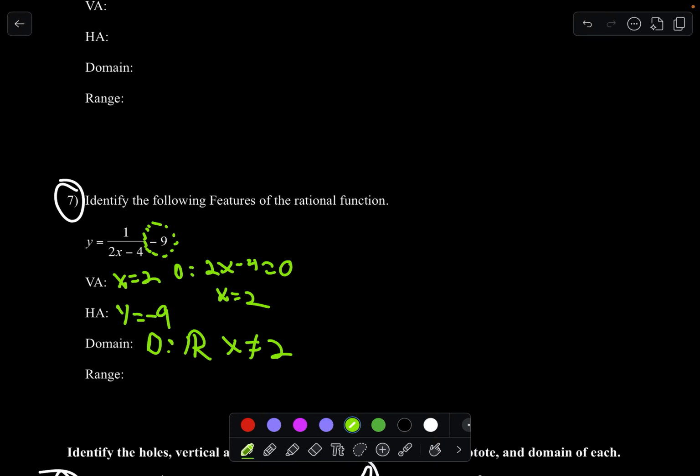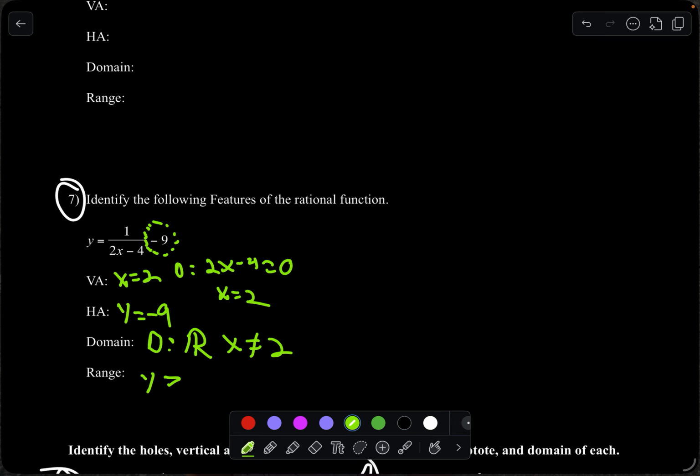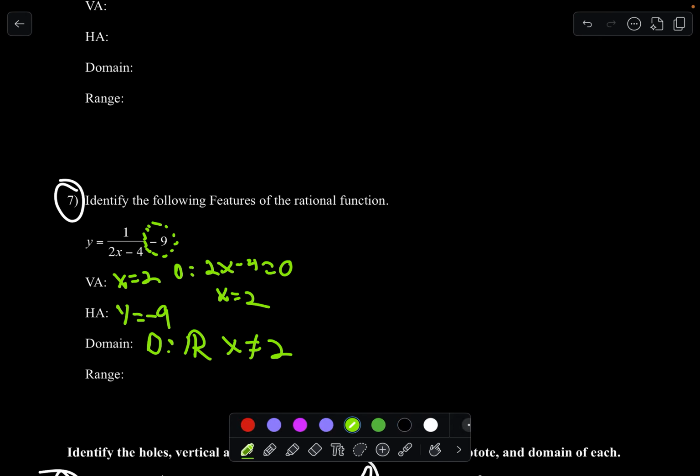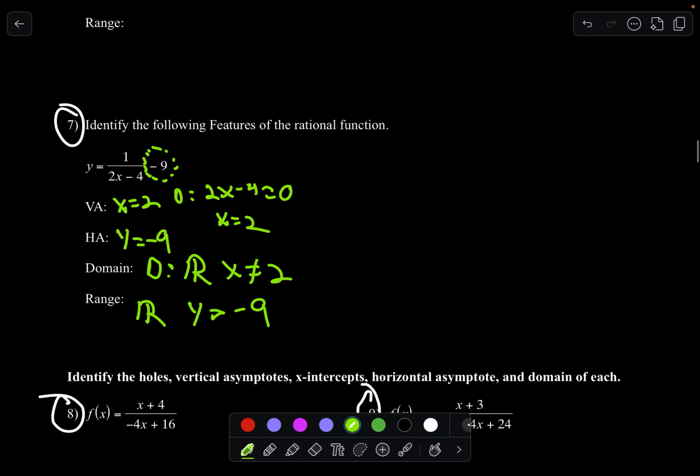And the range, forgive me for saying that, that is wrong. The range is going to be all reals, y is greater than -9. Okay, that was number 7.